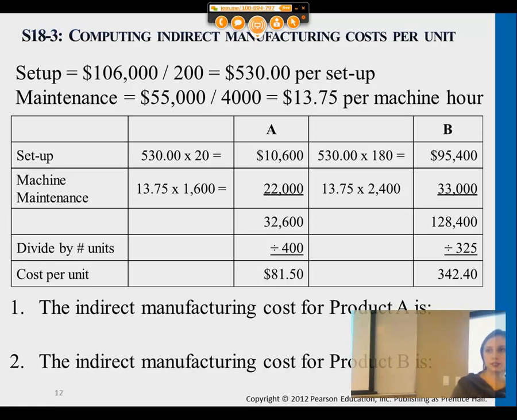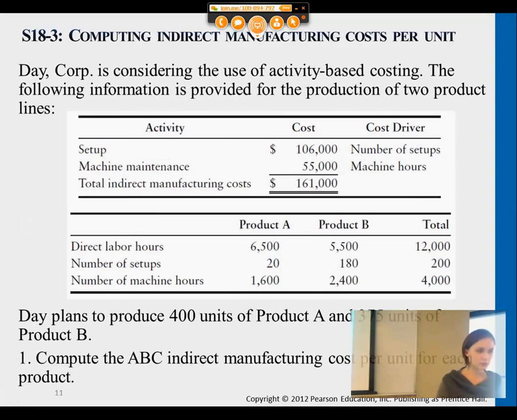Now we need to calculate it for each of the products. This is for your A, and this is for your B. I have the rate per setup. What am I going to do with it? I'll multiply that rate by the number of setups for each product. Pay attention: the top table is for all of your setups and all of your machine hours, so you need to identify it for each of the products.